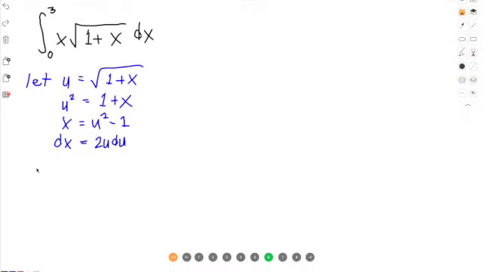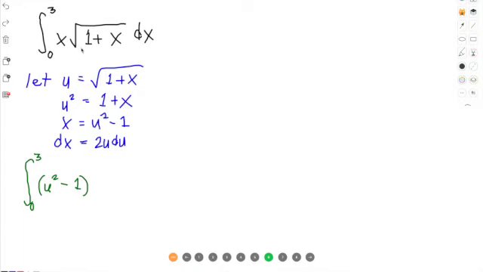Okay, so the integral from 0 to 3 of x, this is x is u squared minus 1 multiplied by u.